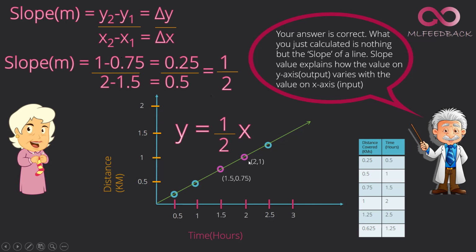We subtract the values of y coordinates and we subtract the values of x coordinates and then we take a ratio. So a slope is telling us how the y value increases when x value is changing. It quantifies that variance in y whenever x is varying.